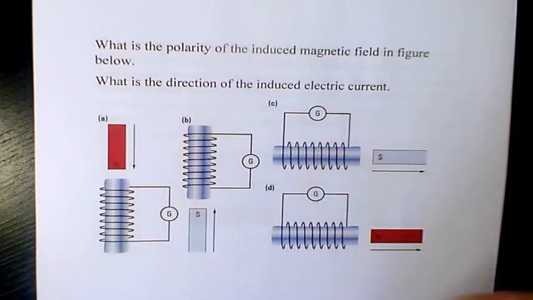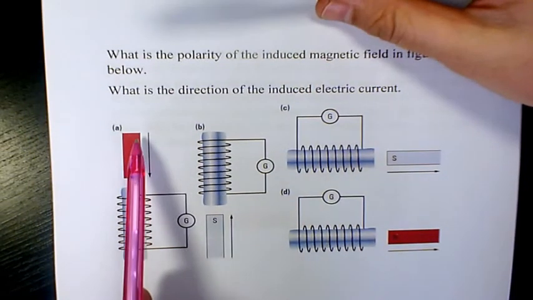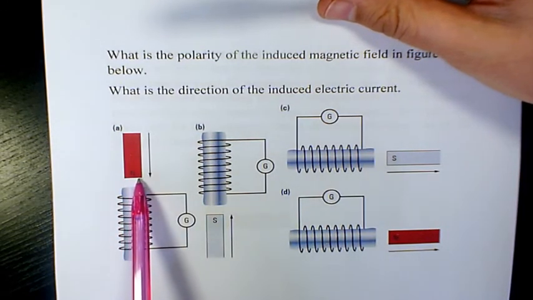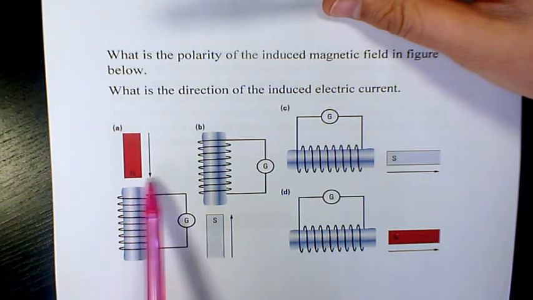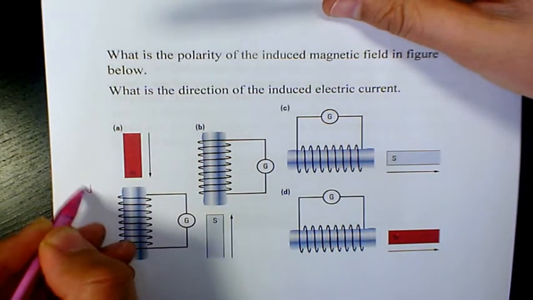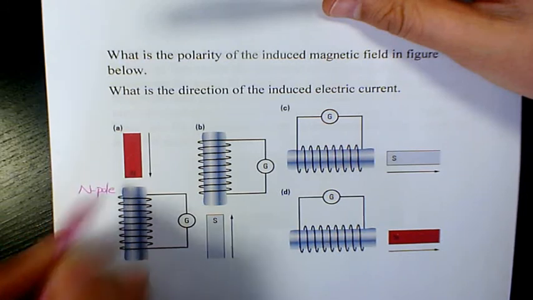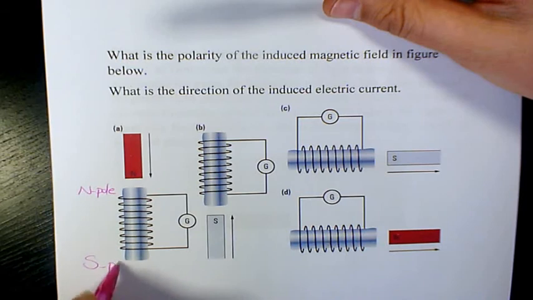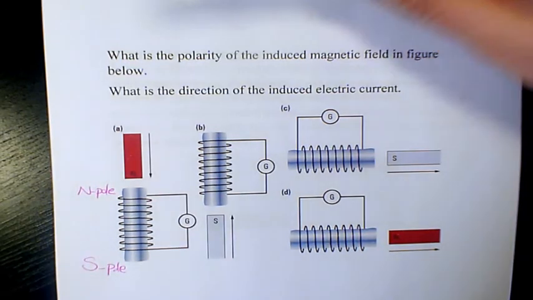So let's start from part A. Part A, as you see here, we are inserting this magnet. So since it's going inside, we need to have an N pole in here to oppose that insertion, and this side is going to be S pole.